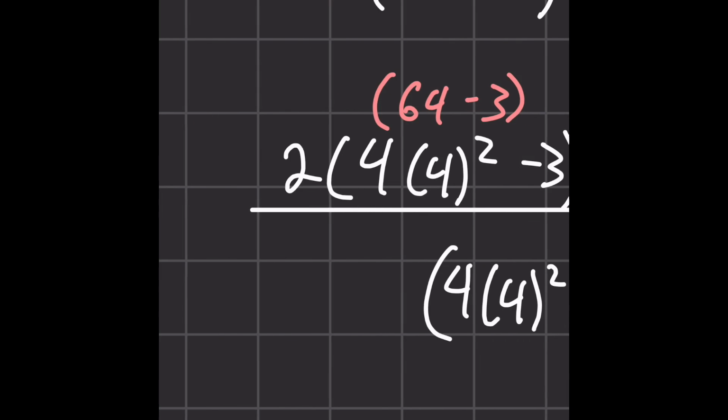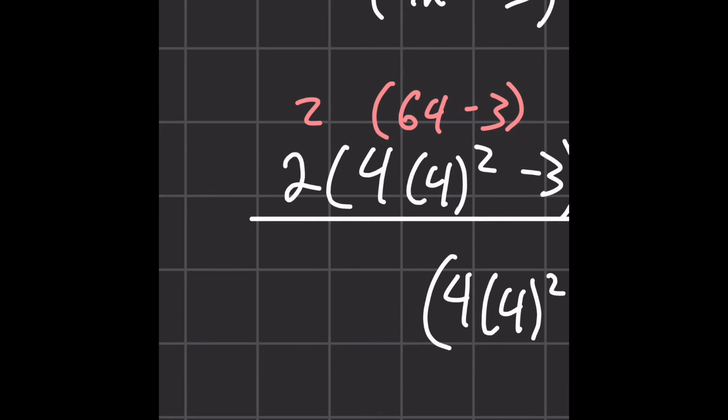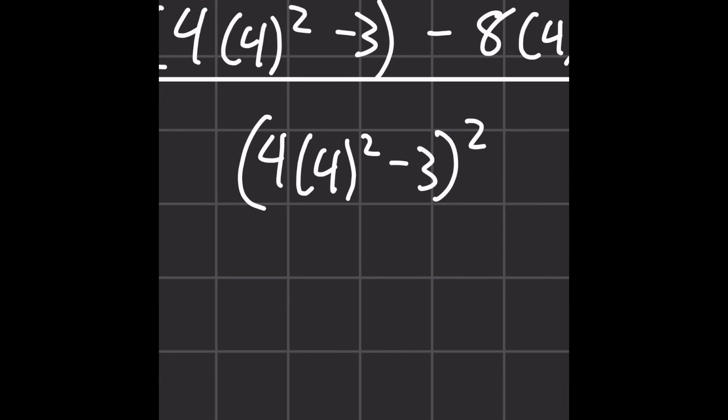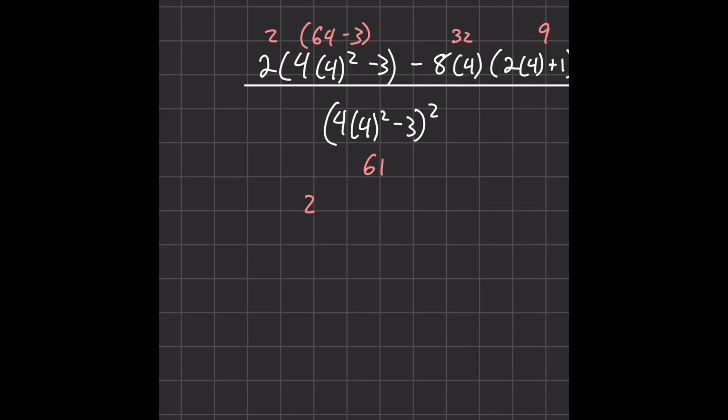Alright, we got 32 here, and this is a 61. Alright. 61 minus 32 times 9 over 61 squared.